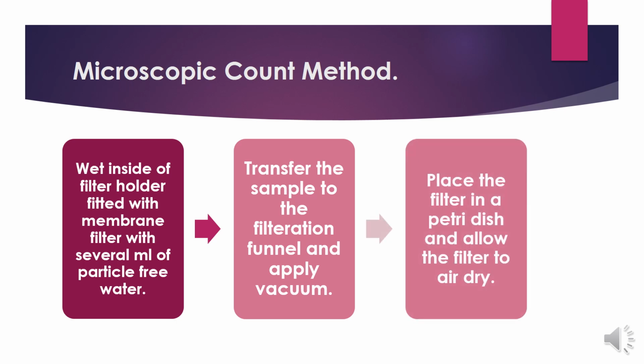Then after filtration you have to place the membrane filter in a petri dish and allow the filter to air dry. Means you have to make that filter paper dry after filtration, so that whatever particles are there can be easily detected through a microscope.